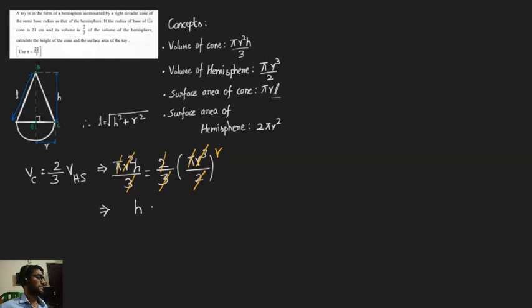So which implies h equals r, that is height of cone is equals to the base radius of the cone itself, which is equals to 21 centimeter as given in the question.